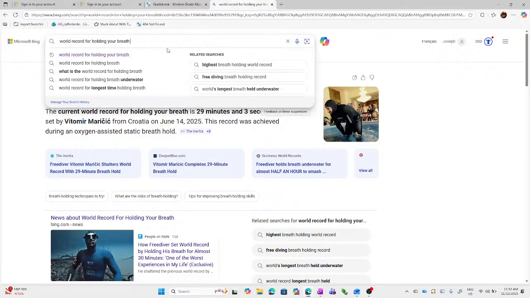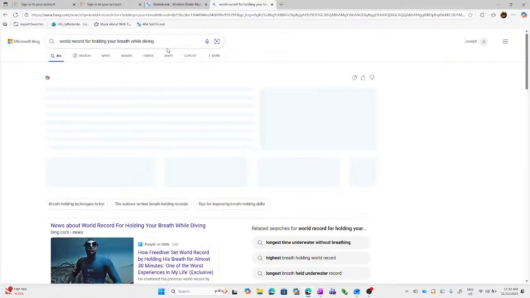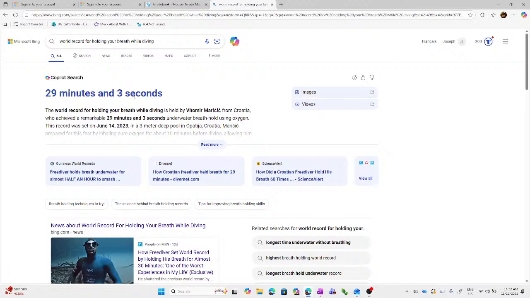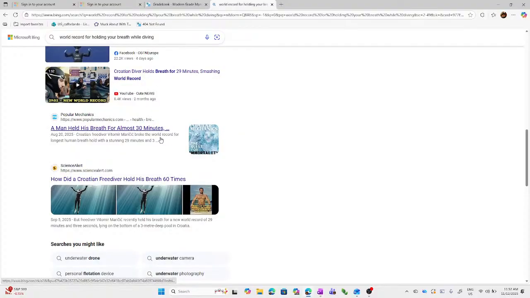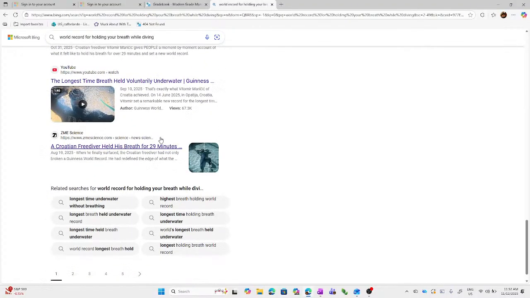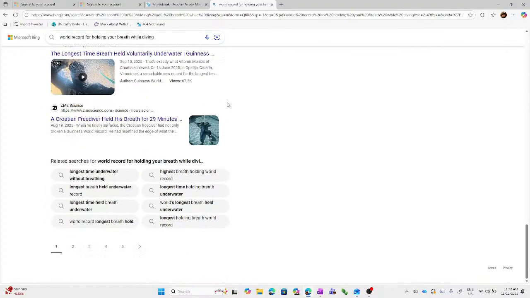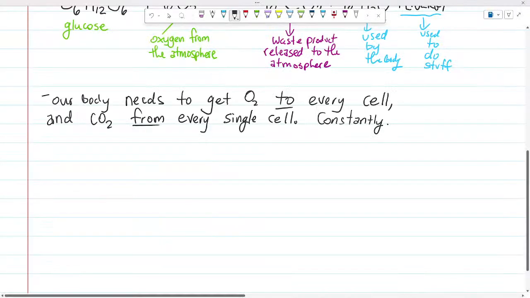Now, I wonder what it's like while doing an actual dive. If you go that long without oxygen going to your brain, your body does have some oxygen stored. If you get hypoxia, if your brain gets oxygen deprived, it can have short-term damage.